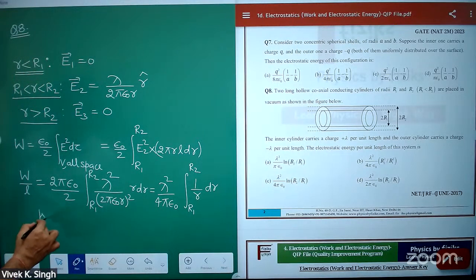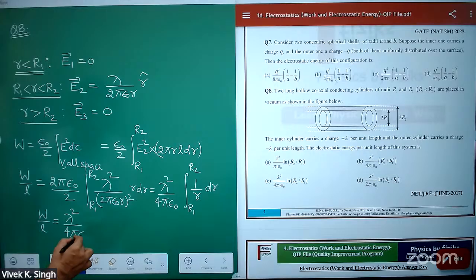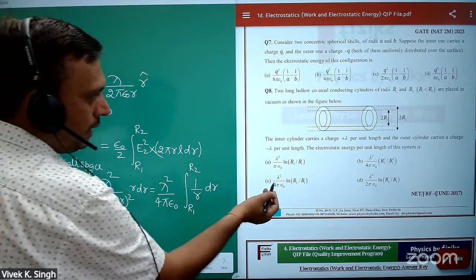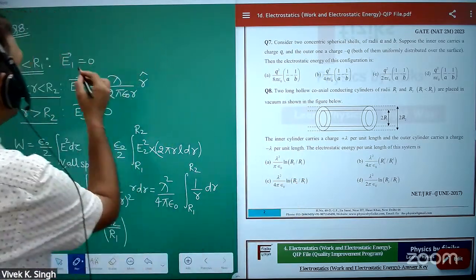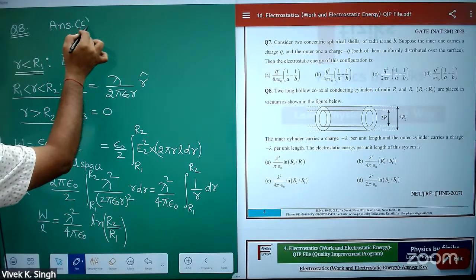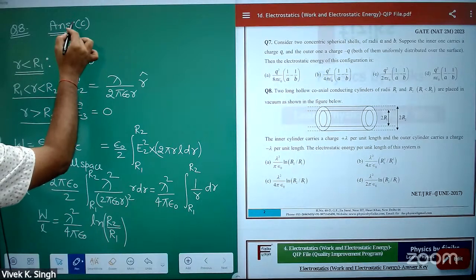So finally, electrostatic energy per unit length will be lambda square by 4 pi epsilon naught ln R2 by R1. So if you see electrostatic energy per unit length, option C is correct. Option C is correct here.